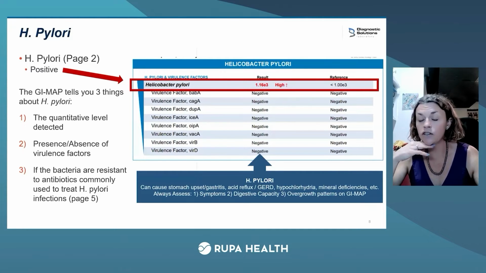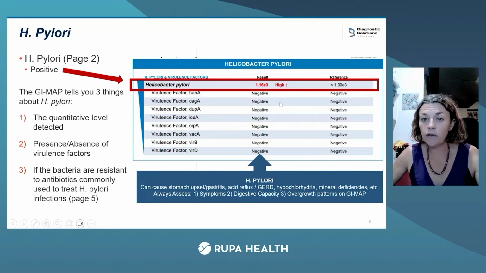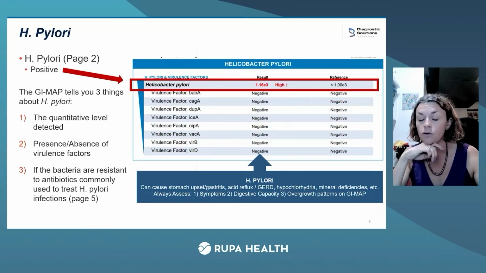Now, the reference range where for the GI map we call H. pylori high is 1,000, or 1.0 E to the third. The lowest level you will ever see reported on a GI map is a 1.0 E2, which is equivalent to 100 microorganisms per gram of stool.